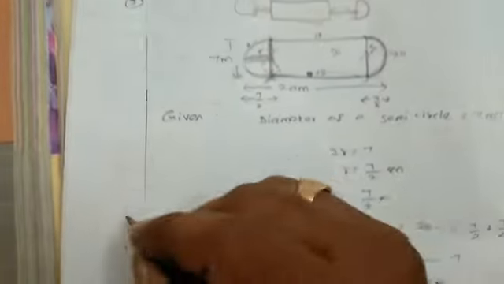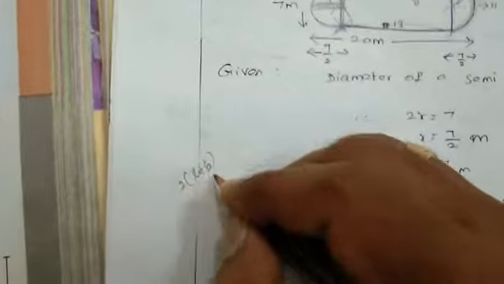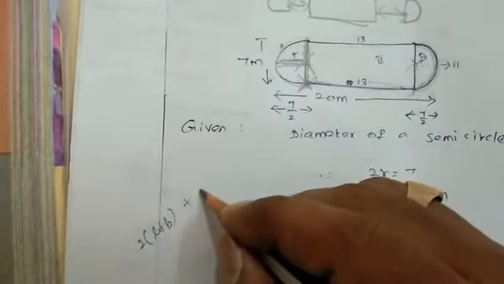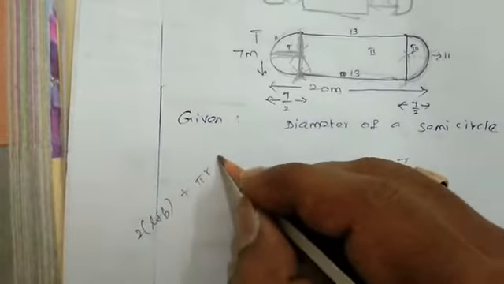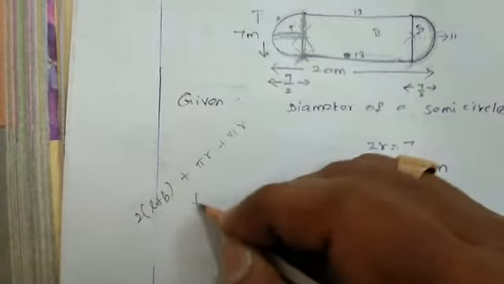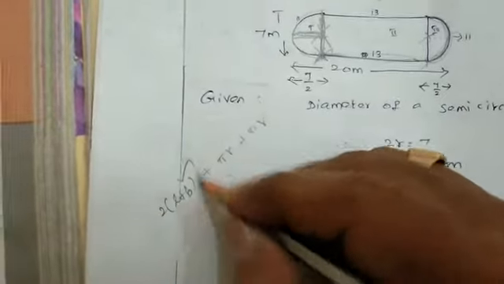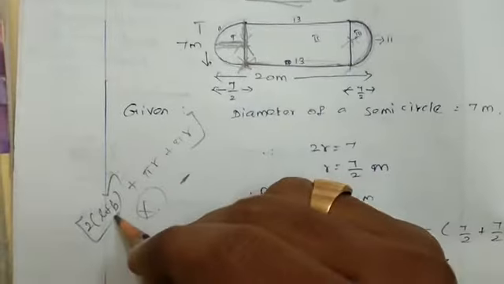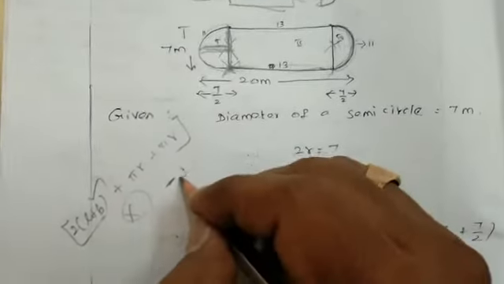If you find it using 2 into L plus B plus the semicircles, the circumference is pi r plus pi r. Don't use this one, because if you use it, finally we need to subtract these two lengths, since they are inside.